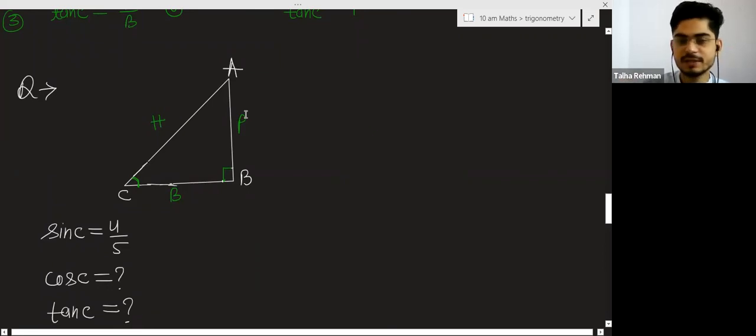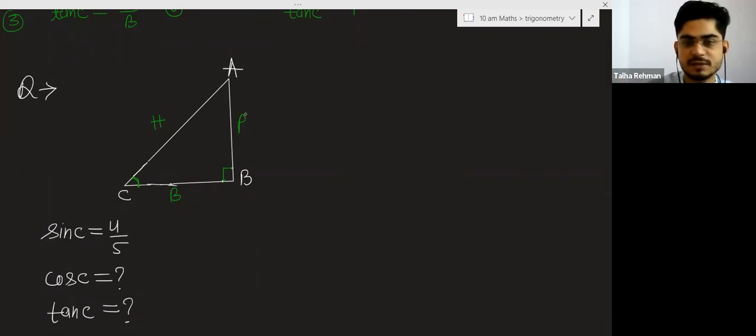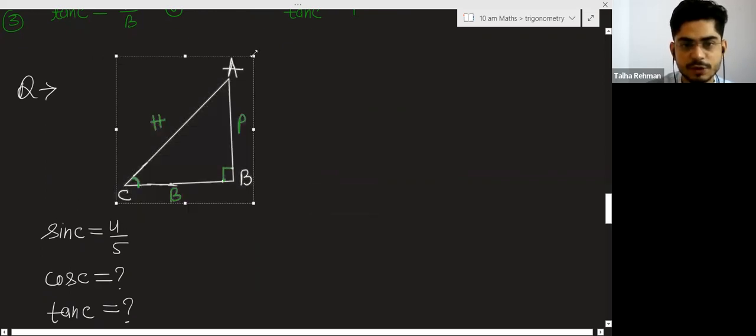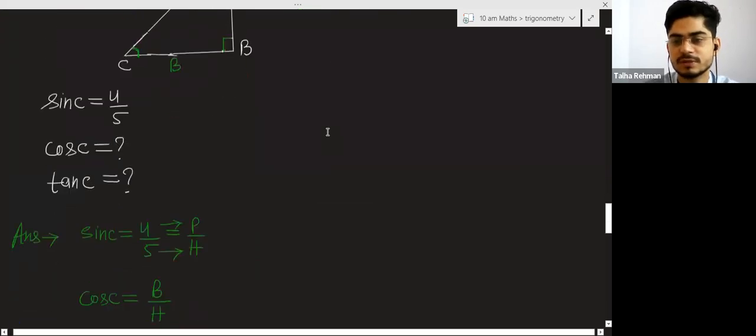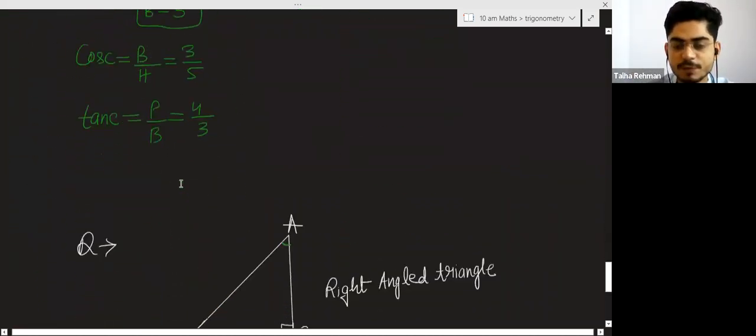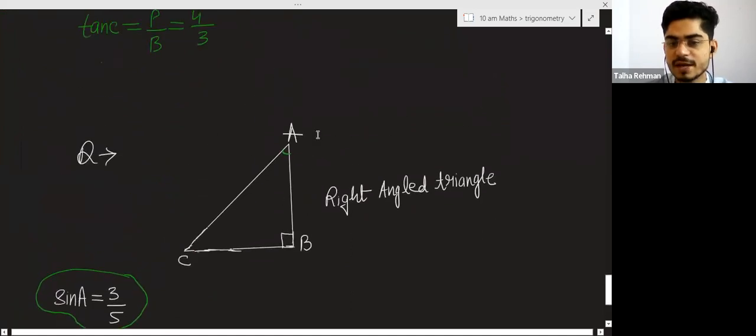I can write this triangle like this, no? I can rotate this triangle like this also, no problem. So you cannot say that if this is once the base, then always this is the base. Someone may rotate the triangle like this. So you have to take the base according to the angle.